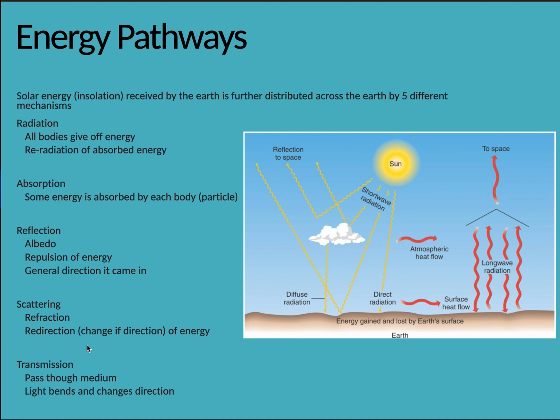If, however, you took your cue ball and you hit a kid's rubber ball instead, that rubber ball is going to absorb some of that energy. The cue ball is going to retract back in a different direction from whence it's come. So that energy is scattered then into a new direction. And the same thing happens in the atmosphere with the Earth.